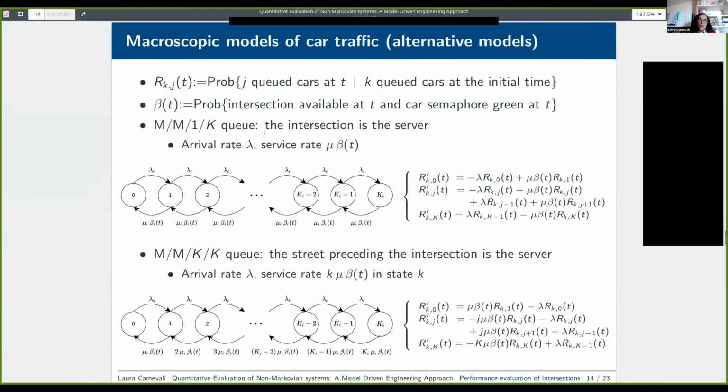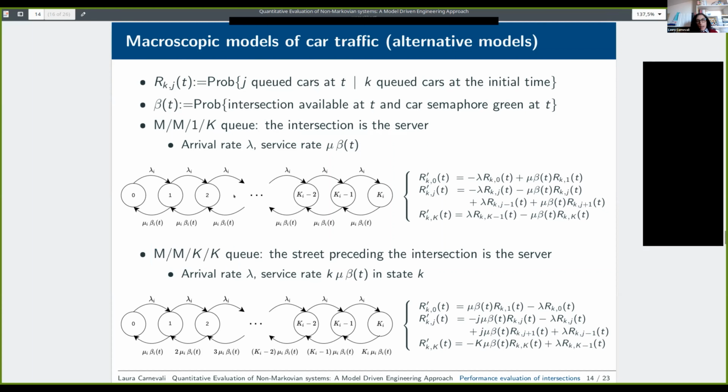So in particular, we represent car traffic using finite capacity queues. We have experimented with MM1K queues and with MMKK queues. So in the former case, the intersection is considered as the server, and in the case of MMKK queues, it is the street preceding the intersection that is considered as the server.